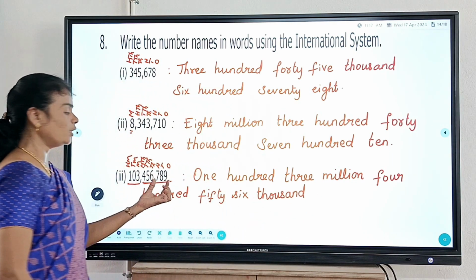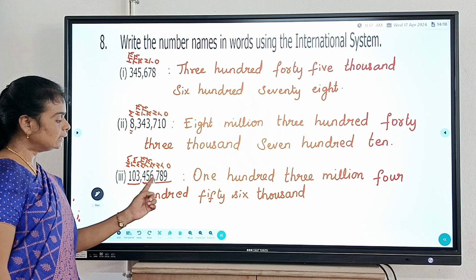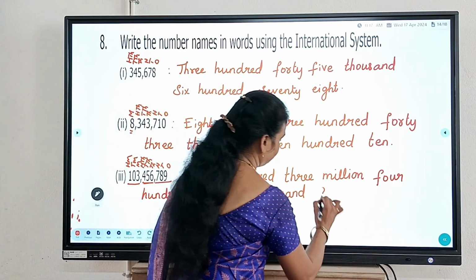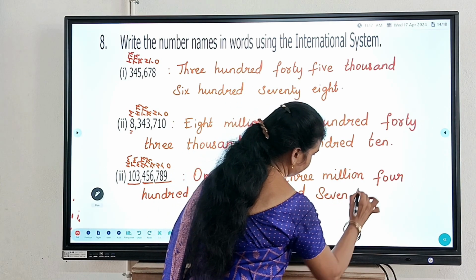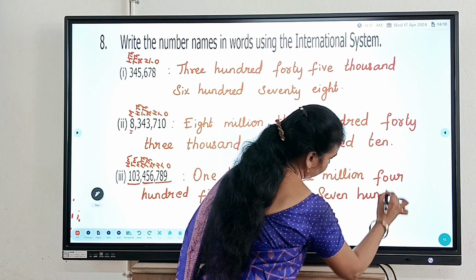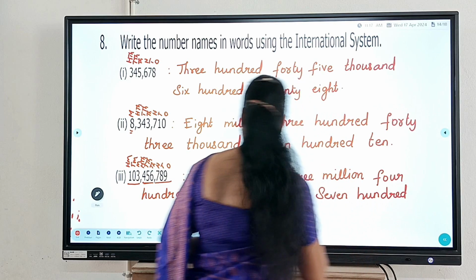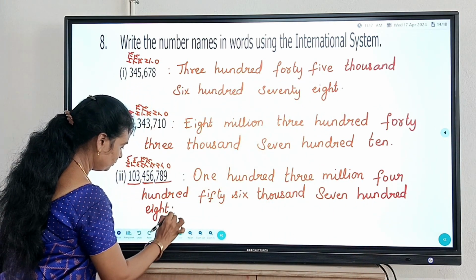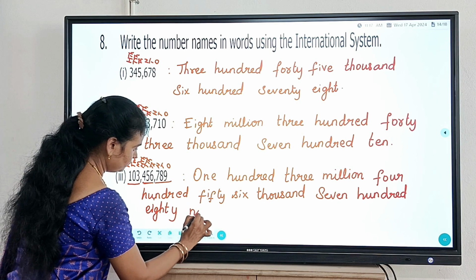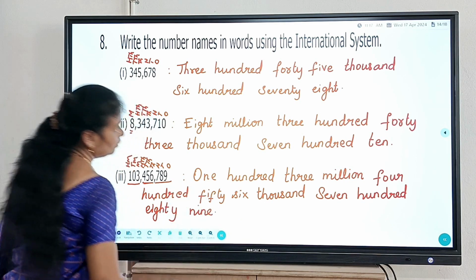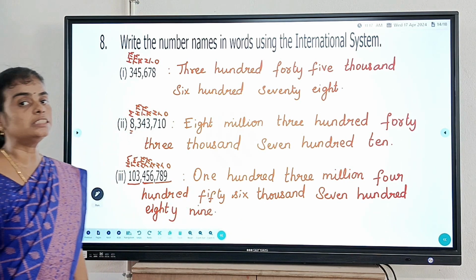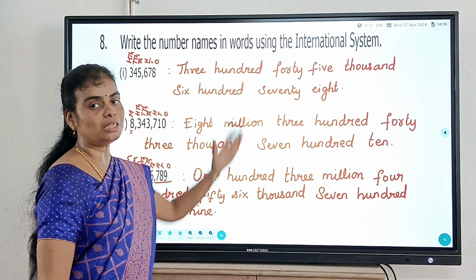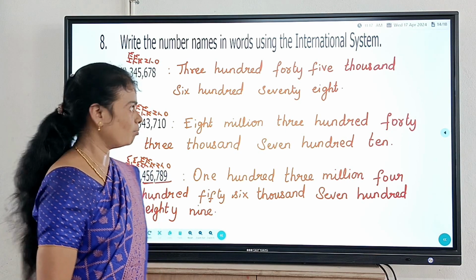And the last one forms the hundreds group, that is 789. So as per the international system, if we know the place values correctly, we will be able to write the numbers also in the correct form.